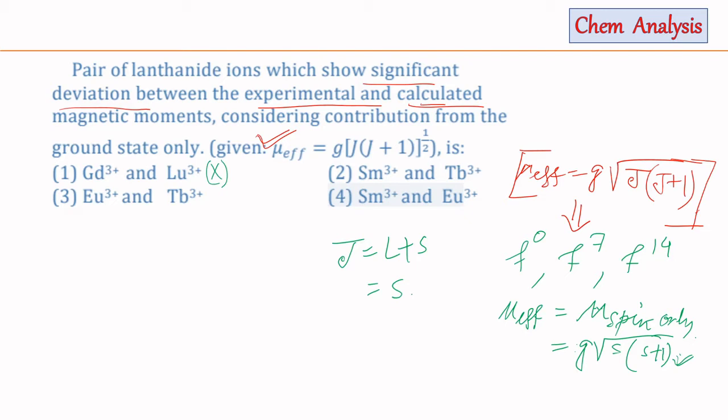experimental magnetic moments. Now keep in mind one thing, that for such type of questions, when you are asked that there is a difference between the experimental and calculated magnetic moments, the answer will be samarium 3 plus and europium 3 plus.